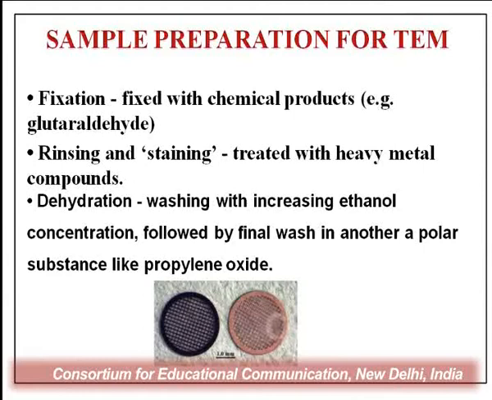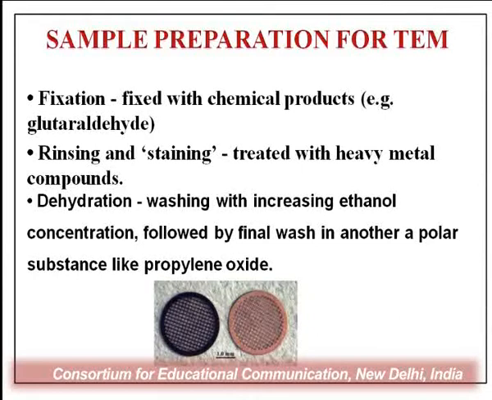How do we prepare the sample for the TEM? We cannot use a direct sample in the processing or the characterization, so the sample is prepared. How do we prepare the sample for transmission electron microscopy? First is fixation: fix the chemical products on the substrate.